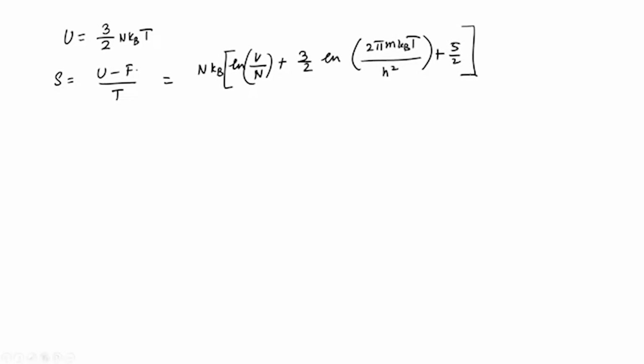So, this is the formula for that, and then S over N k, where N k is often written as R, the universal gas constant, is equal to log of V over N lambda cube plus 5 by 2, where we just write lambda as lambda T, which is called the thermal de Broglie wavelength.